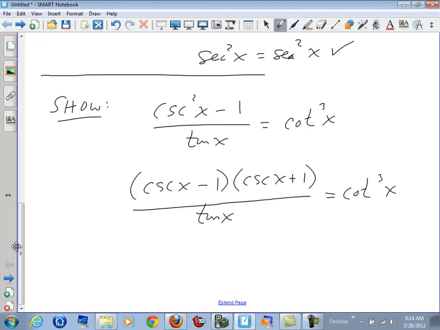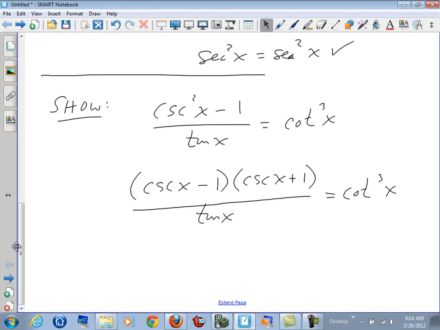Well, I think if we try to do this, we're going to end up having to expand that back out anyways, because it's going to be tough for us to get to cotangent of x this way. So I can't really see a clear path to get to cotangent cubed by substituting or simplifying. So I'm going to go a different route.